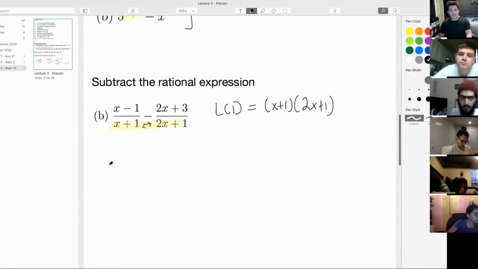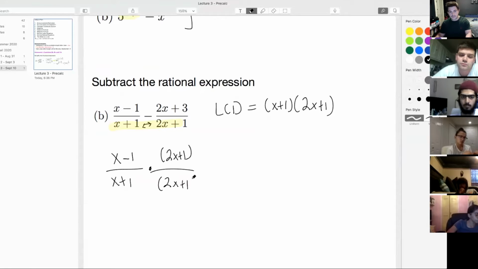So now you need to multiply the top and bottom of these fractions to create the LCD. So to go from x plus 1 to the LCD, I need to multiply the top and bottom by 2x plus 1, okay? Minus, and for the second fraction, I need to multiply the top and bottom by x plus 1, okay?